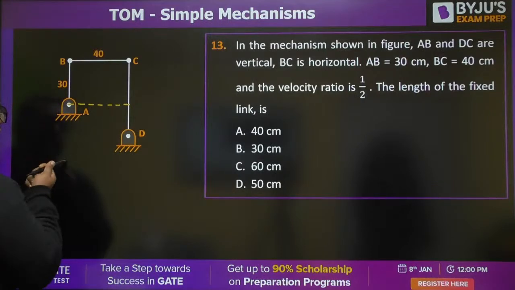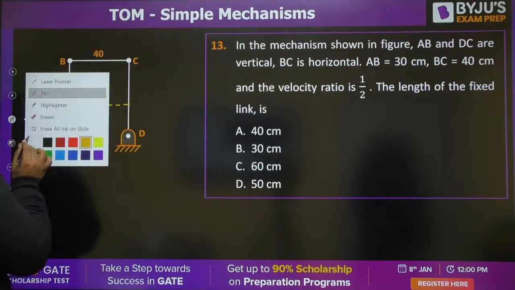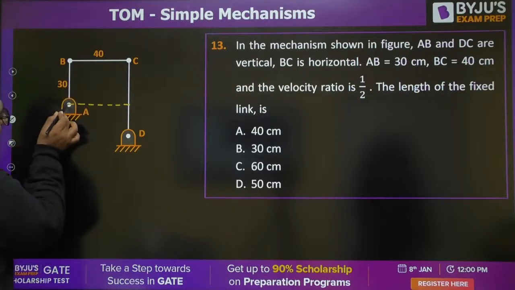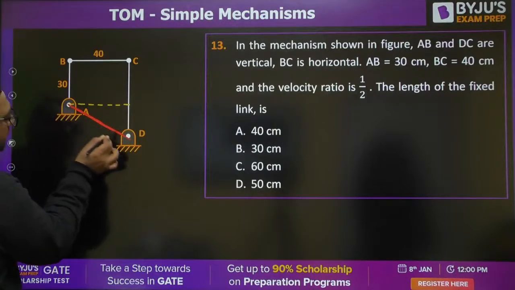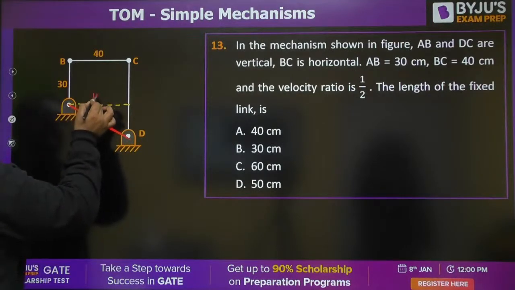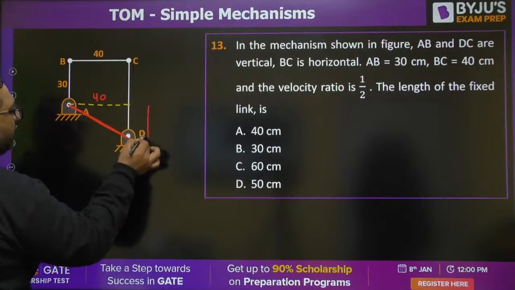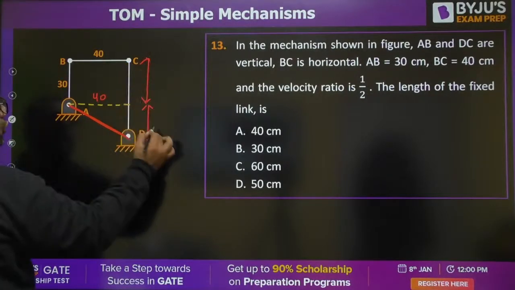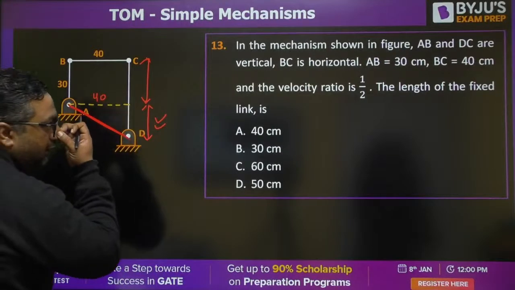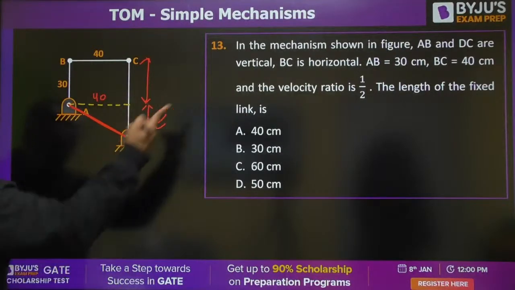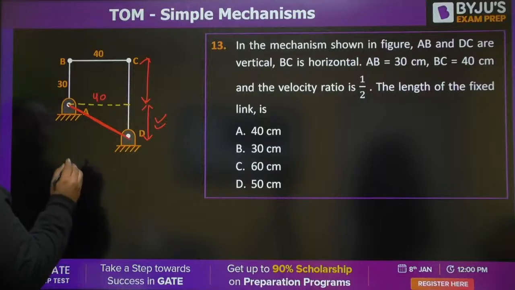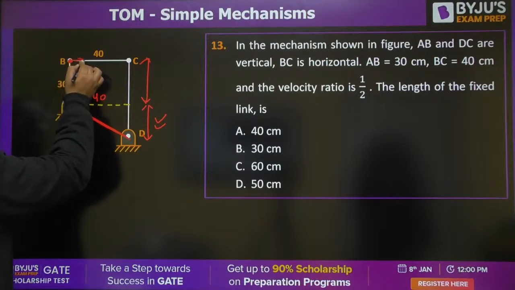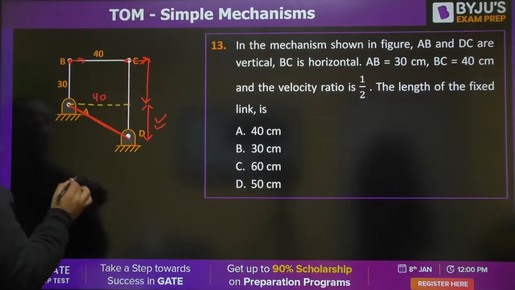You need to find out the length of the fixed link. Length of fixed link is this. To find this, this is 40, this we don't know, and this is 30. You can use the velocity ratio. You know that the linear velocity of B and C are going to be the same.